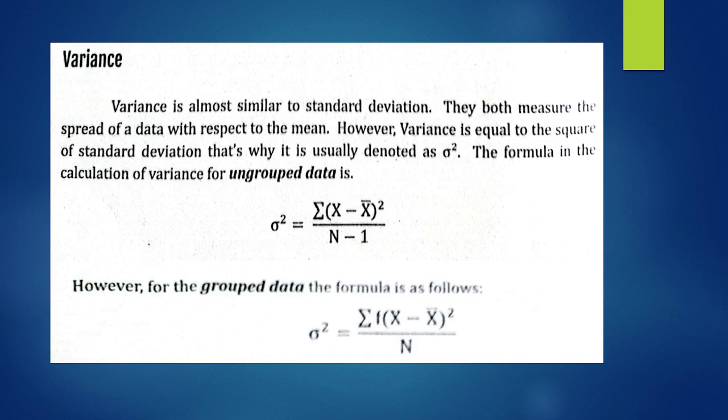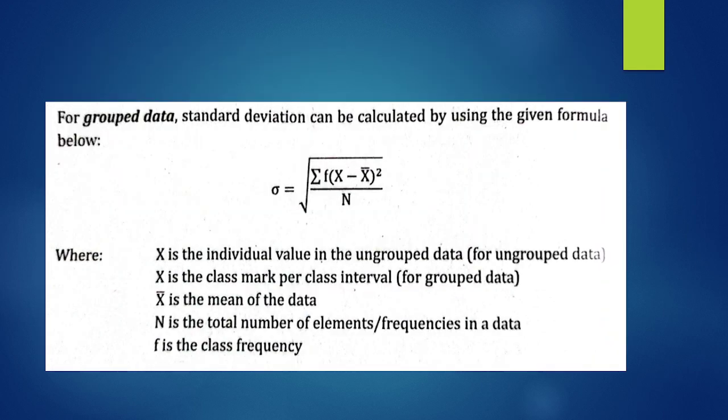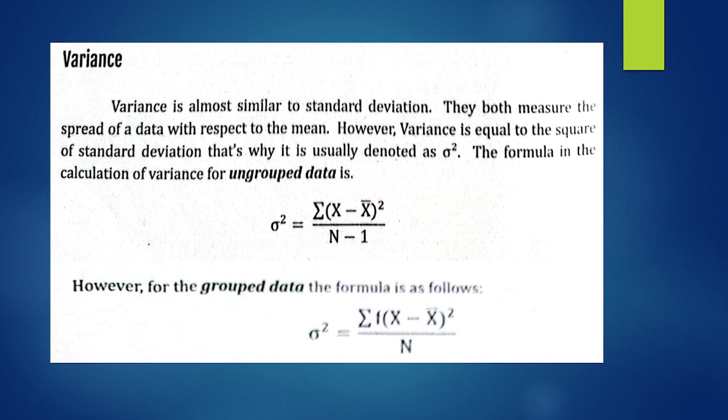Now, let's proceed to another measure of variation. Call it variance. So variance is almost similar to standard deviation. Again, it is almost similar. So mamatikdan nimo, they both measure the spread of a data with respect to the mean.